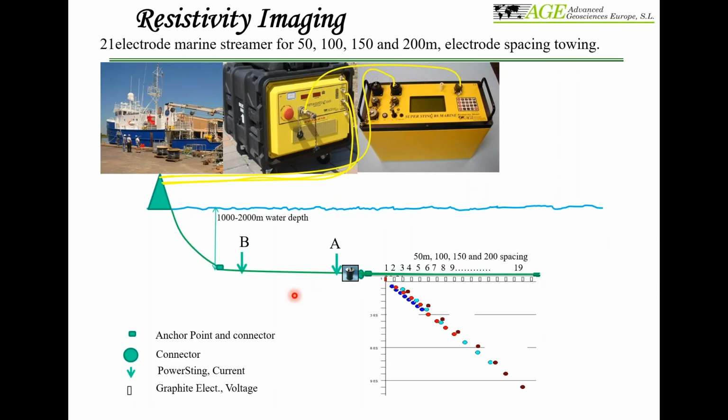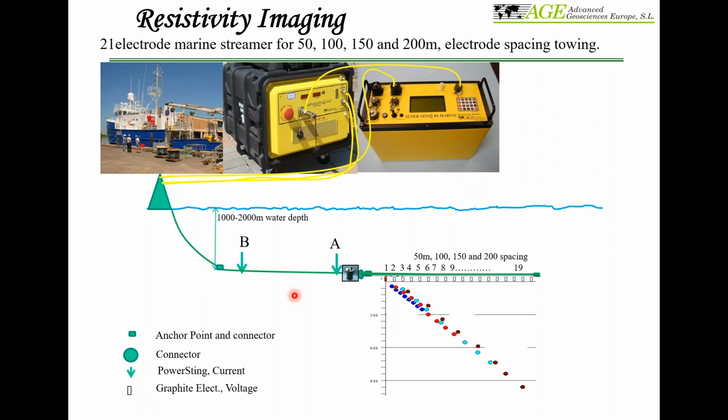Another option is to use an external transmitter. As you know, SuperSting has a 200 watt power output, so the instrument is capable of injecting 400 volt, 2000 milliamp current.